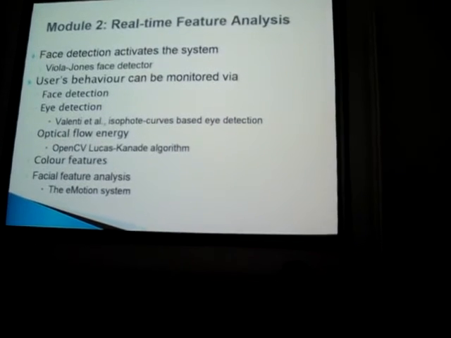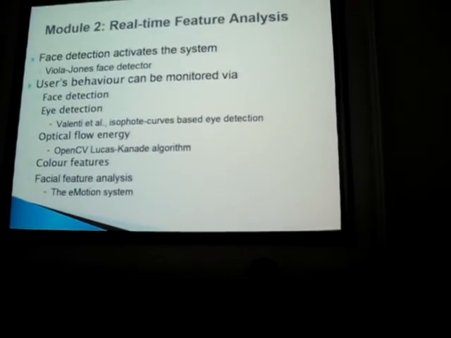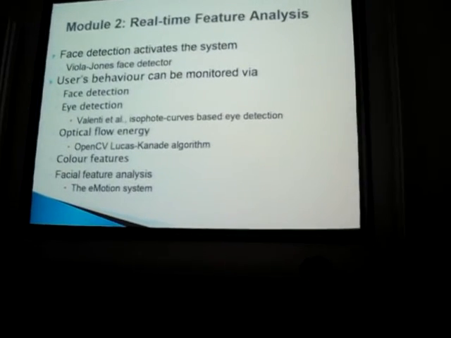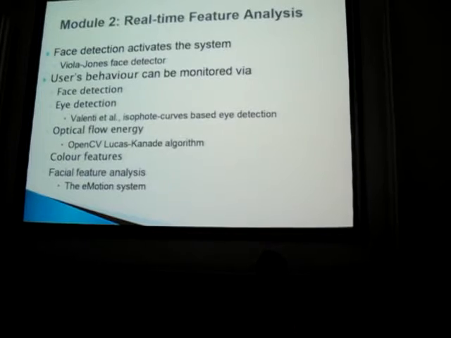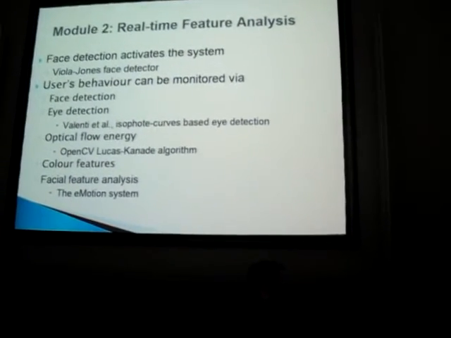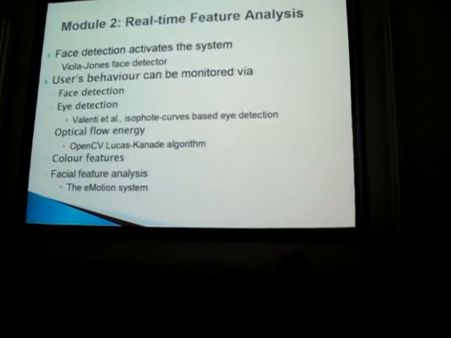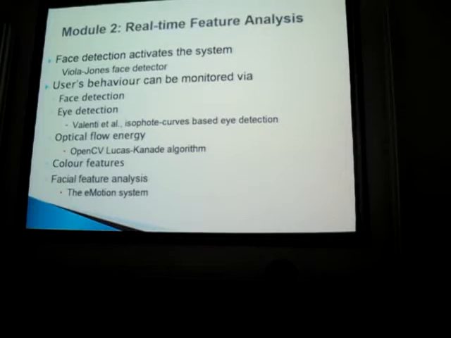The real-time feature analysis can potentially work with many features. So we have the Viola-Jones face detector, which activates the system. When the baby is in a very calm segment, let's say in a sleep mode, when the photo frame detects a face, it goes into active mode. Then, during the operation, we can do face detection.